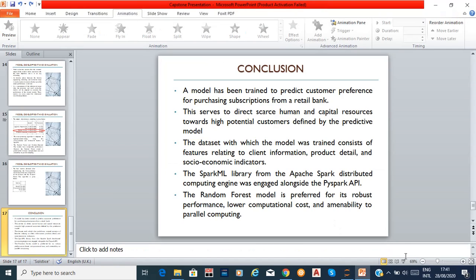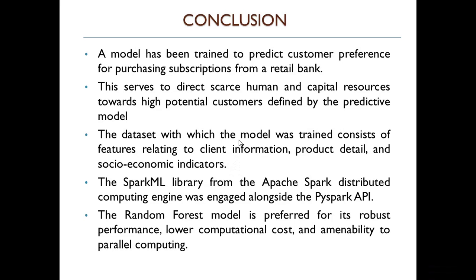So to conclude, a model has been trained to predict customer preference for purchasing subscriptions from a retail bank. This serves to direct scarce human and capital resources towards high potential customers defined by the predictive model. The data set with which the model was trained consists of features relating to client information, product detail, and socio-economic indicators, having eliminated the contact center related data.